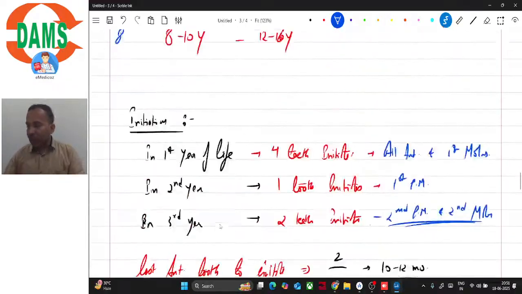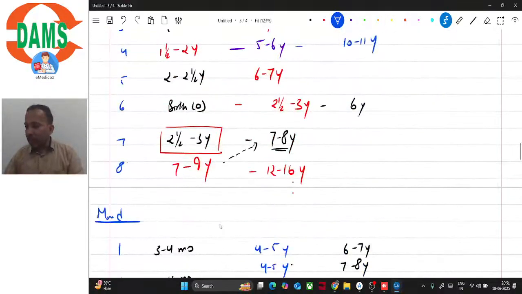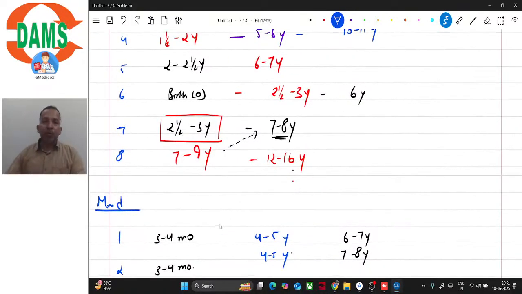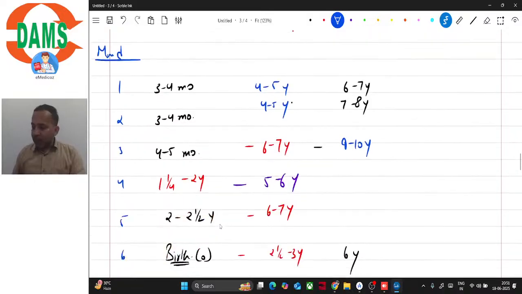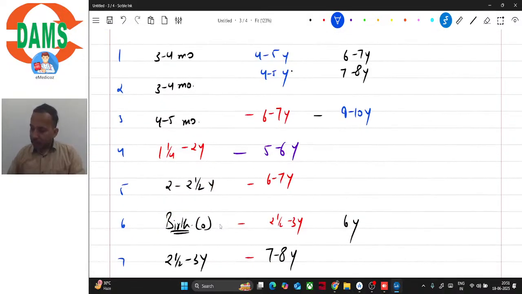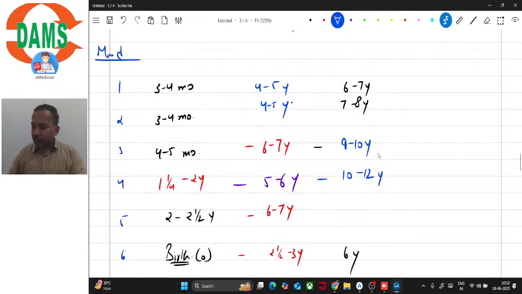Which tooth erupted at 10 to 11 years? It is the maxillary first premolar. After that, mandibular first premolar and maxillary second premolar are going to erupt. At what time do you think they will erupt? Mandibular first premolar at 10 to 12 years.